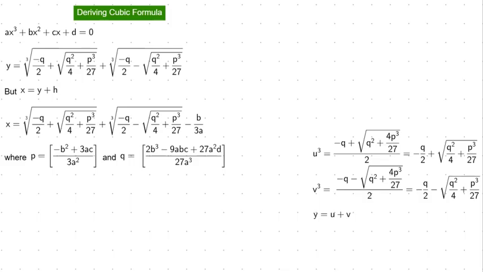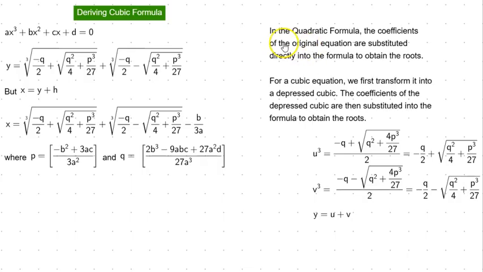As you might have noticed, if you take it step by step, it is really an interesting derivation. Now, the difference is, in the quadratic formula, the coefficients of the original equation are substituted directly into the formula to obtain the roots.